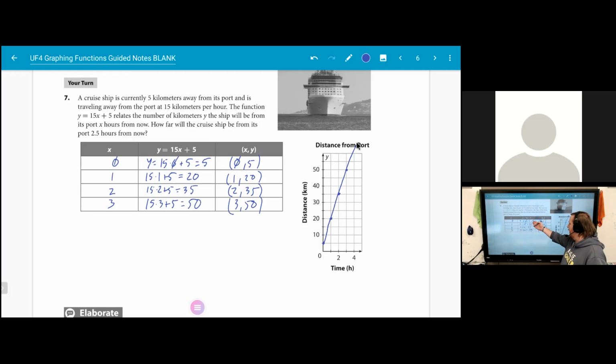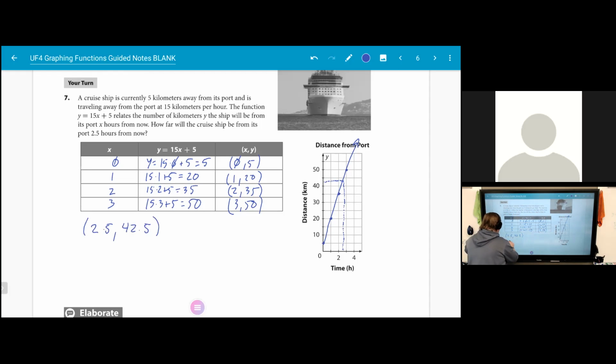We're going to estimate how far the cruise ship will be from its port 2.5 hours from now. So 2.5 right here is here in x. And then in y values, that's somewhere in between those two things. Well, this is 45. It's somewhere between 40 and 45, it looks like. So let's go halfway between 40 and 45. Let's call it 42.5. So at 2.5, y is going to be 42.5. What does that mean?